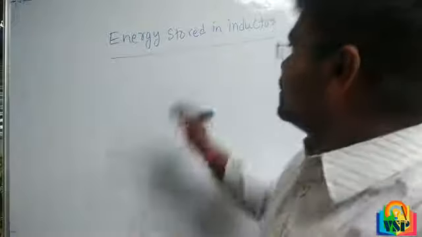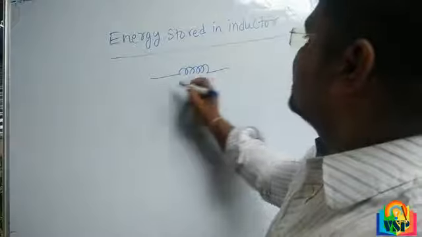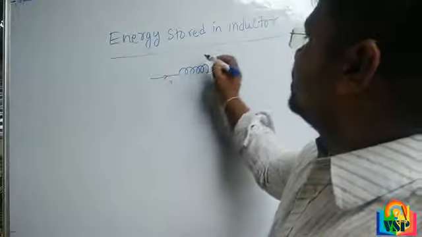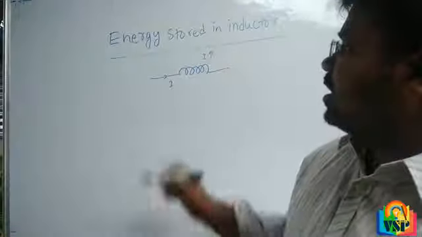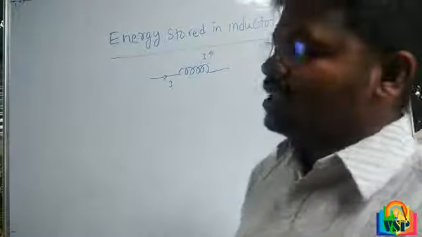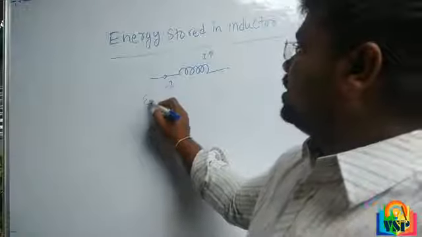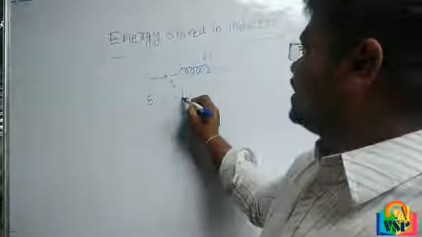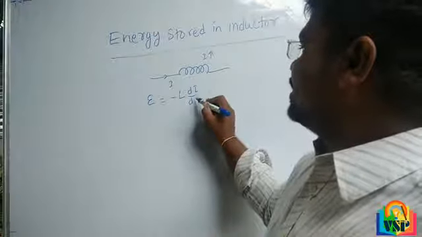Okay, see here. Consider an inductor. We can send current I, and the current is increasing. So we know that the induced EMF in the coil is given by E is equal to minus L di by dt.